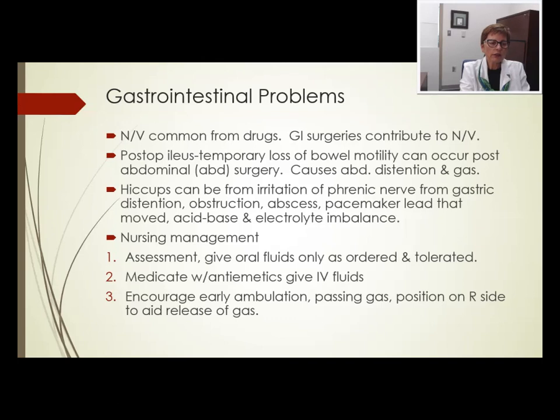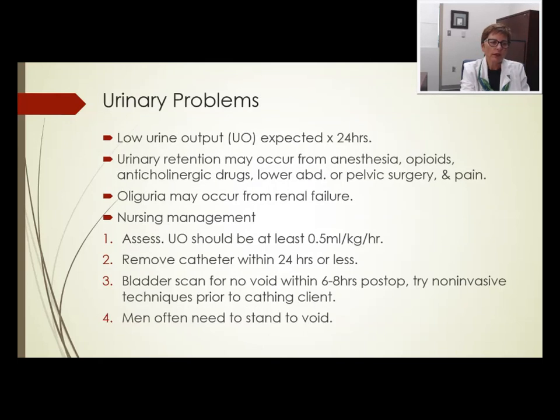Medicate for nausea. I also find that ginger ale does really work, but make sure that the ginger ale has real ginger in it, because some ginger ale doesn't actually have ginger in it. Ginger is the drug that actually helps with nausea.